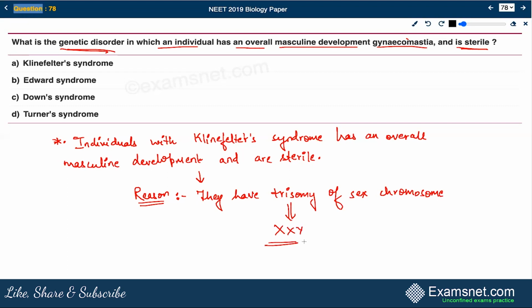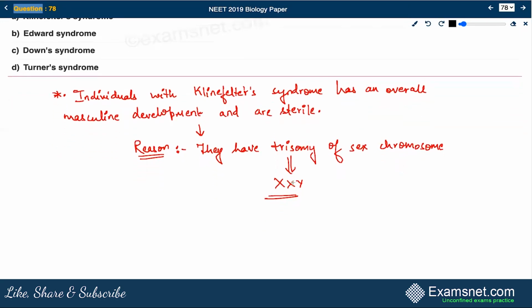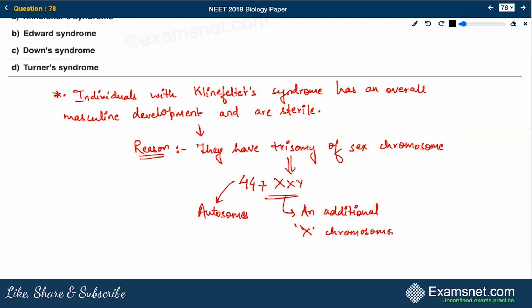All right, so they have an XXY condition. That means 44 plus XXY condition, because this 44 indicates the autosomes, and there is an additional X chromosome, resulting in a trisomic condition, which is 47.